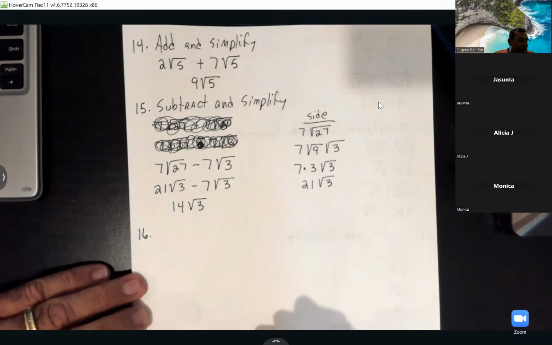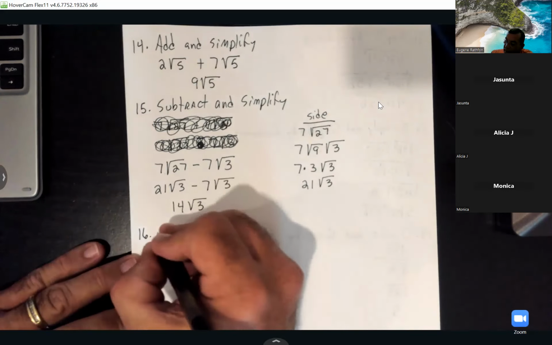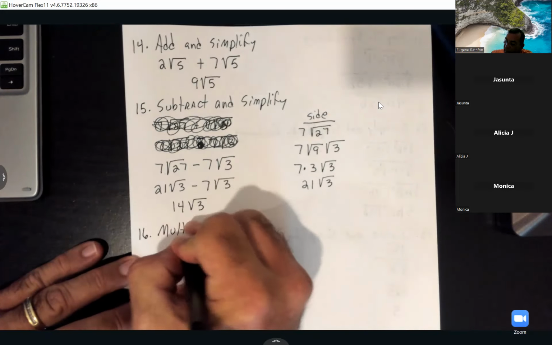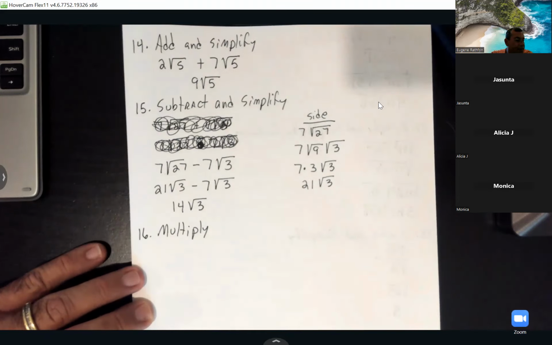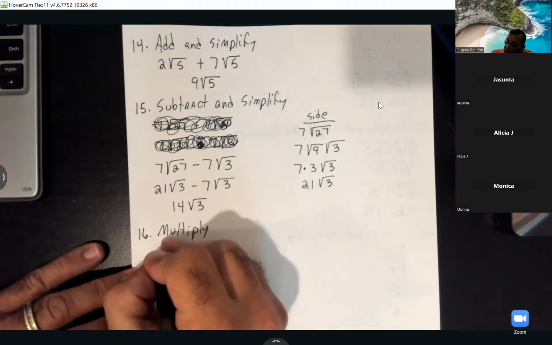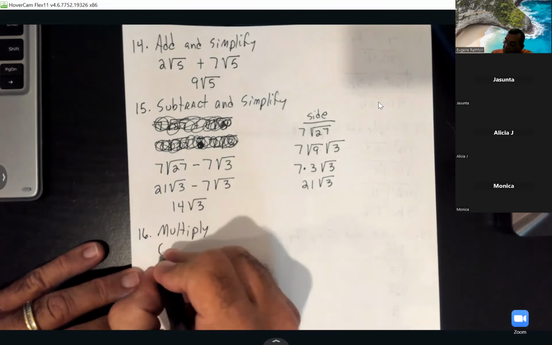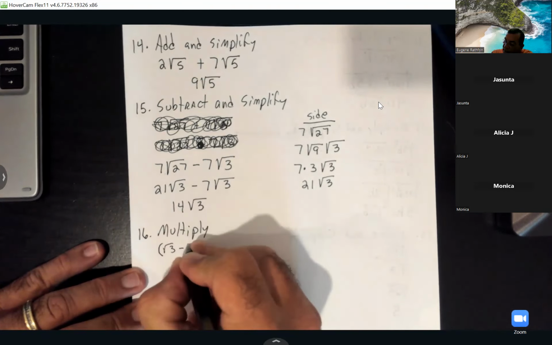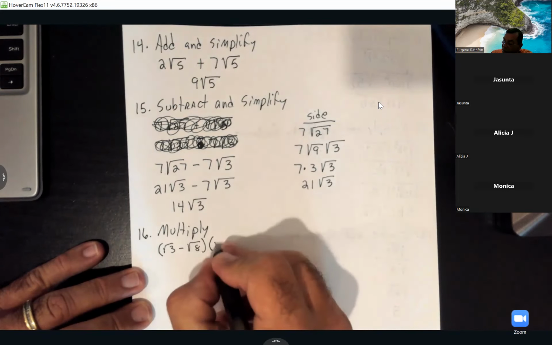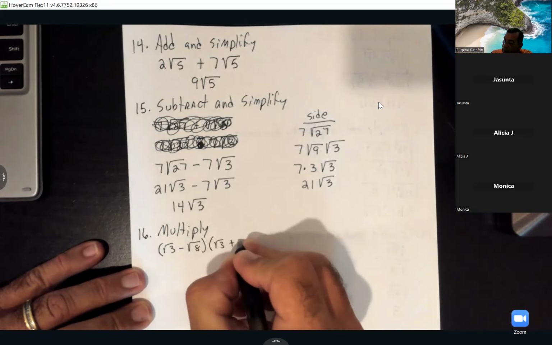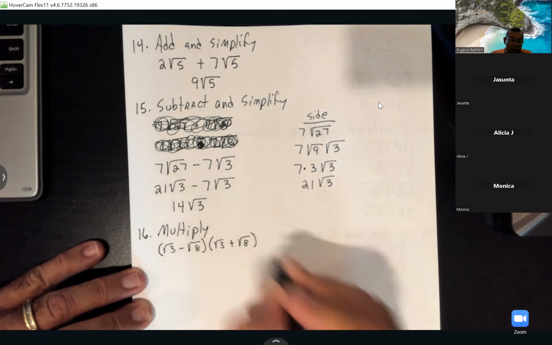Alrighty, y'all. Then we got into multiplying. Well, this one says multiply. So we're given a square root of 3 minus a square root of 8 times a square root of 3 plus a square root of 8.